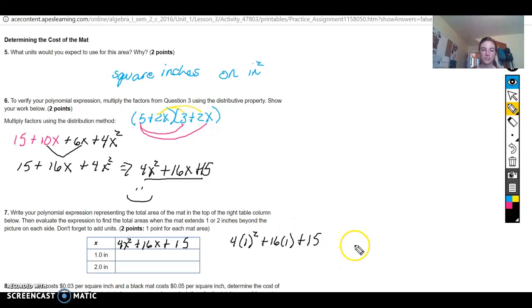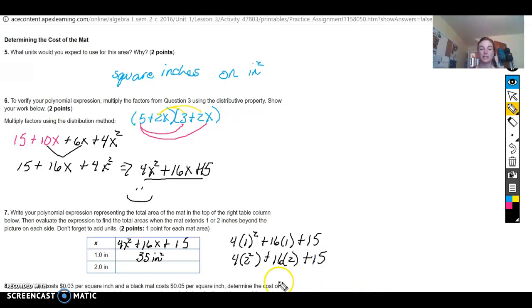And remember, we're dealing in inches squared now. So this will be 4 plus 16 is 20, and 20 plus 15 is 35. Remember to write inches squared, okay? Now we're going to evaluate it when x is 2. 4 times 2 squared plus 16 times 2 plus 15.